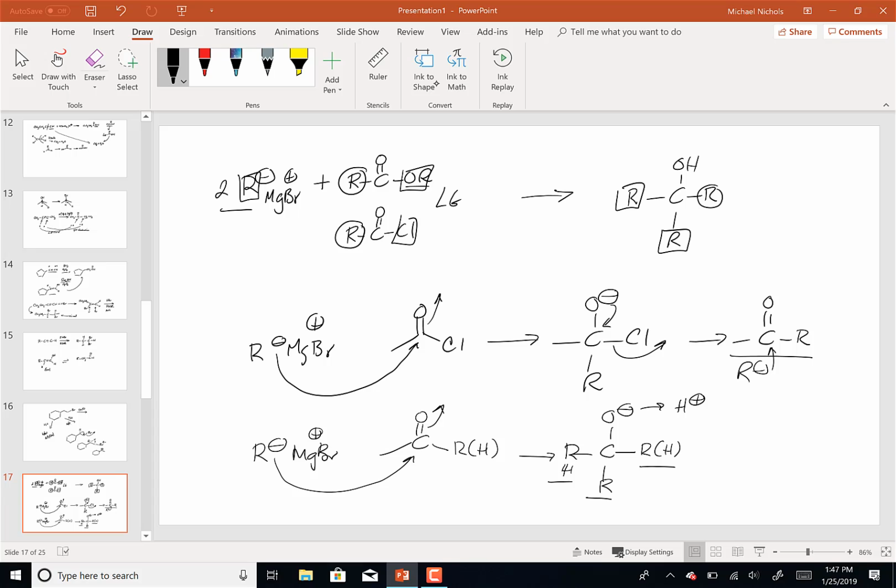So the mechanism changed, because it's not a ketone or aldehyde anymore, it's a carboxylic acid derivative. It has something that can be a leaving group. And so if that's the case, that's what's going to happen.